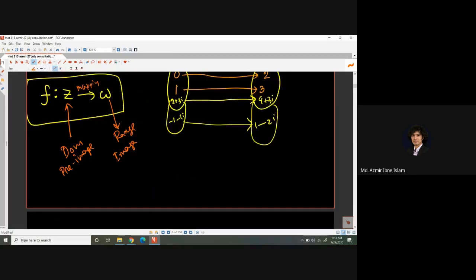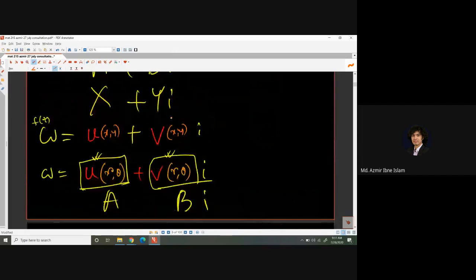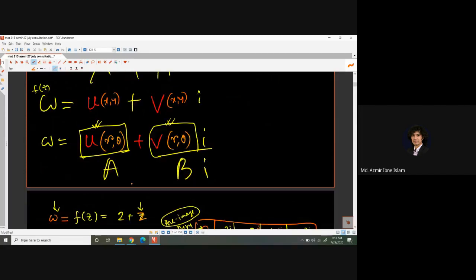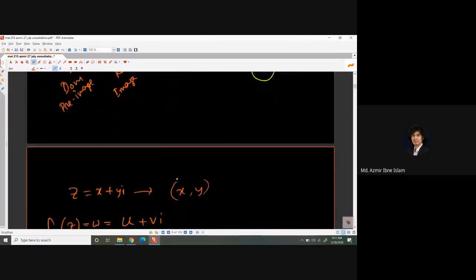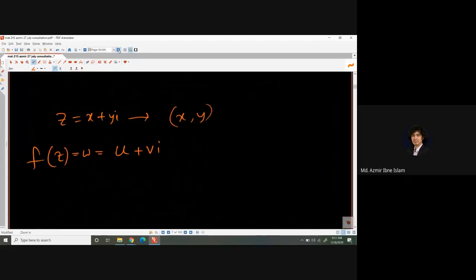You already know from your previous videos that it can take x, y, or r, theta depending on whatever input we are giving. So the output is also a point, that is now u, v. So you can see that z is the domain and f of z, or w, is the range.